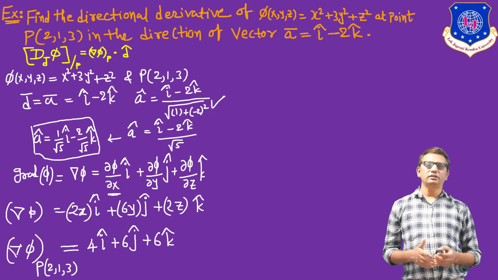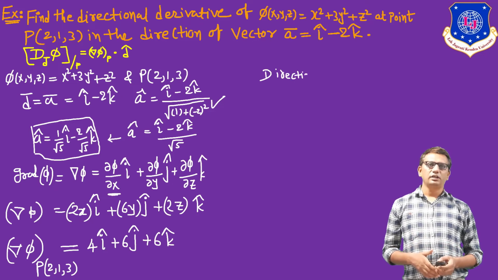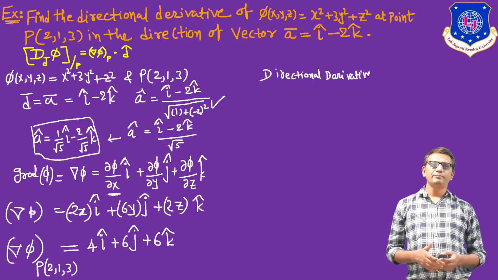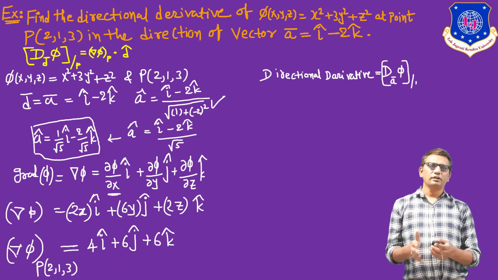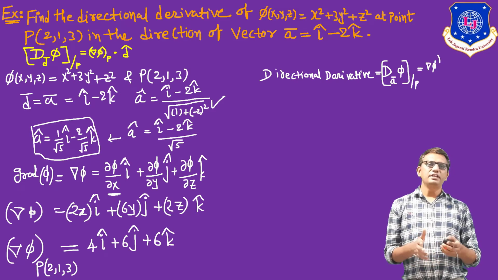So we get del phi at point P is 4i caret plus 6j caret plus 6k caret, which is our normal vector. And now we will find the directional derivative by the given formula, which is the dot product of the gradient vector with d caret.